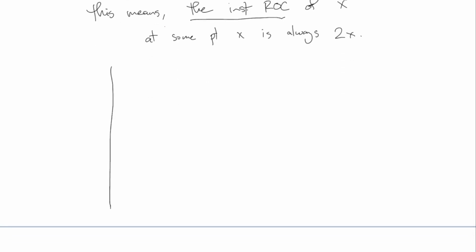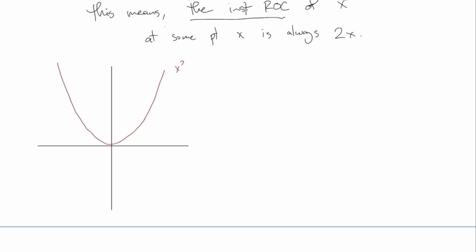Maybe I could just try and draw a picture. This isn't going to be super accurate, but x squared, of course, is the parabola like this. And what I'm saying is the instantaneous rate of change at any point is always equal to 2x.